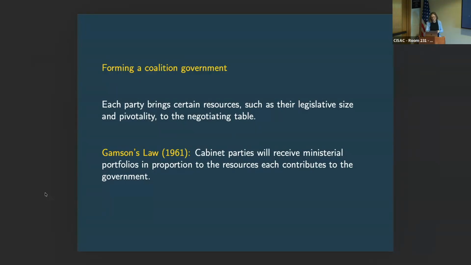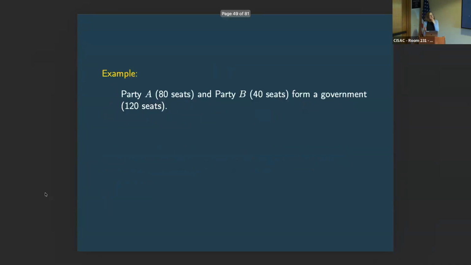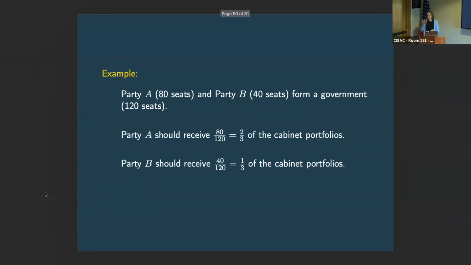Let me briefly explain Gamson's law. As an example, take party A controls 80 seats, party B controls 40 seats. They form a government. The government controls 120 seats. Party A then should get 2/3 of the cabinet portfolios because it's providing 2/3 of the government seats, and party B should get 1/3.